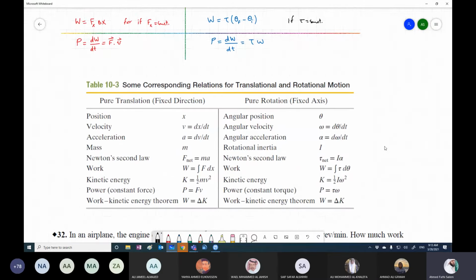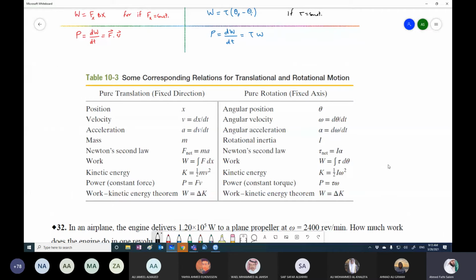So in summary, the chapter is finished. We still have to solve a few problems on energy, and that's it. These are the corresponding relations for translational and rotational motion. For position, we removed x and put theta. For v we said omega, for a we said alpha, for mass we put I, rotational inertia. F net equals ma became torque net equals I alpha. Work is integral of F dx, work is integral of torque d theta.